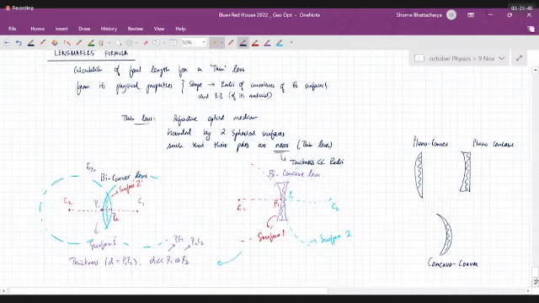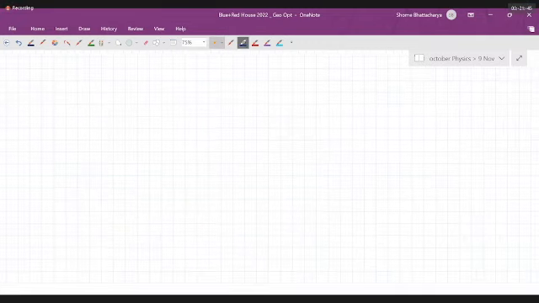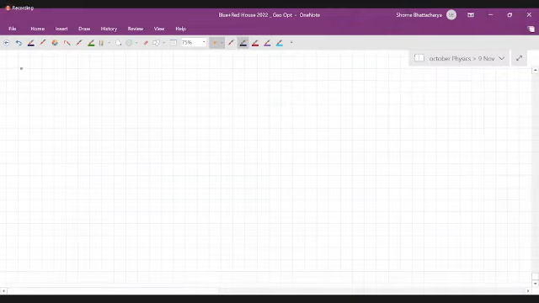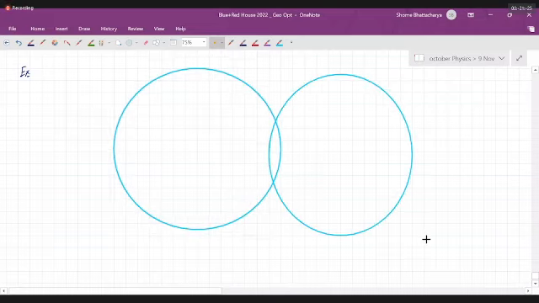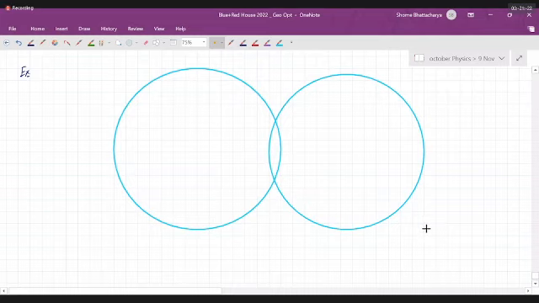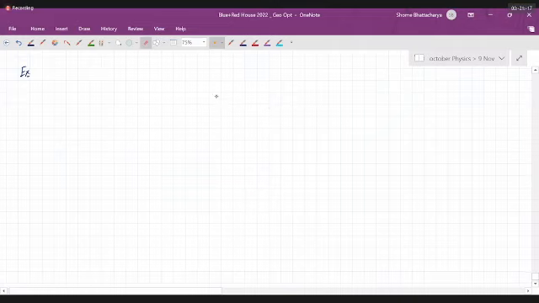Okay, so now to understand how refraction of light works with one of these, let's take the example of a biconcave lens.